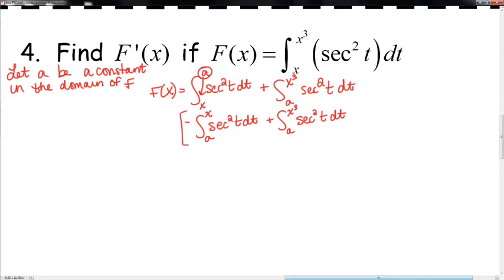And now I'm looking for the derivative with respect to x.